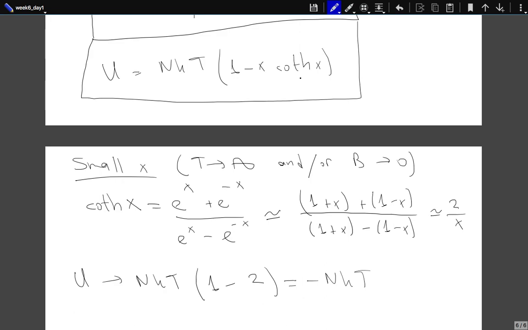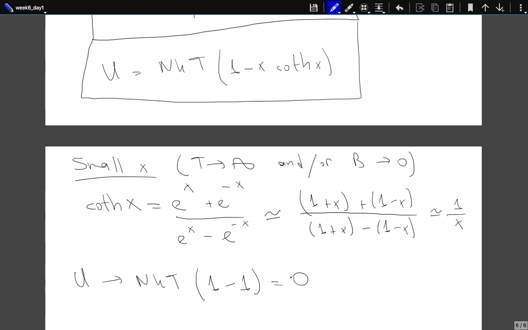In U, I have 1 minus x times hyperbolic cotangent x. I think we found the wrong result here. It's not 2 over x, it's 2 over 2x, isn't it? Oh, you are right. This is 1 over x. So that's 1 minus 1, so that is 0. Well, that is what we expected.